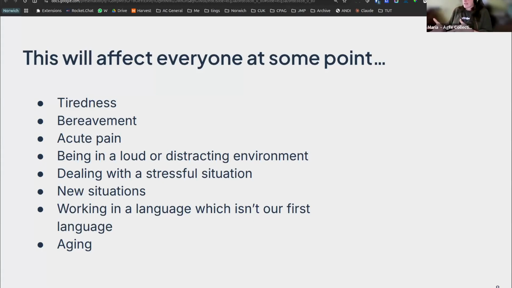When we're in loud and distracting environments, if we're dealing with new situations or very stressful situations. I'm sure we can all identify with that. Suddenly we have to do something new, got to work out how to deal with it. It can all become very overwhelming very fast. Also if we're working in a language which isn't our first language, that adds additional overheads to what we're dealing with, and also, as I've mentioned, aging.